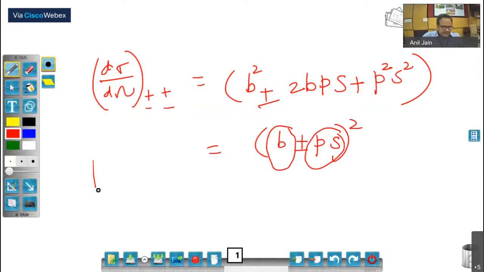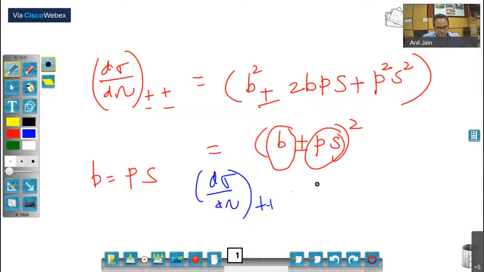If I have a crystal for which B equals PS, then you can easily see that d sigma over d omega has a finite value for the process plus plus, B plus PS, which becomes 2PS or 2B.